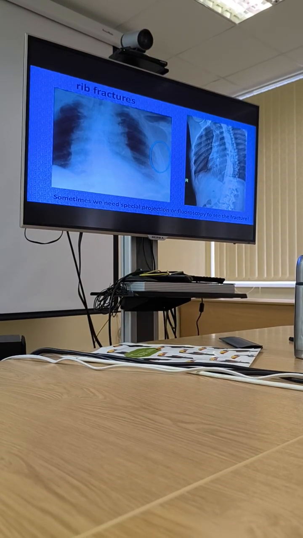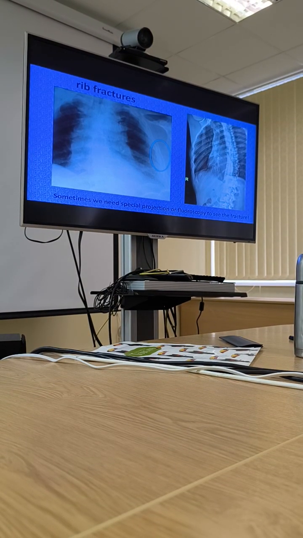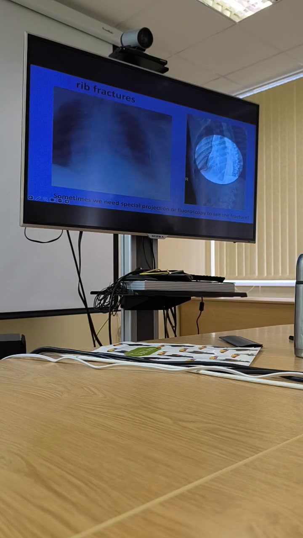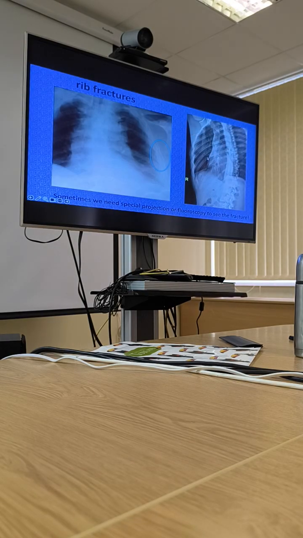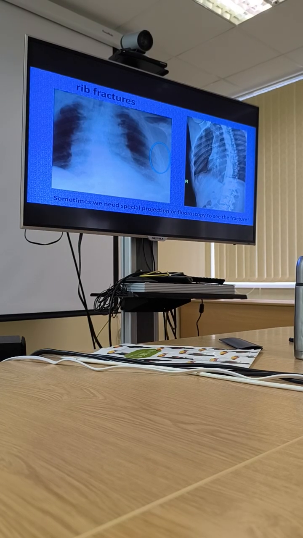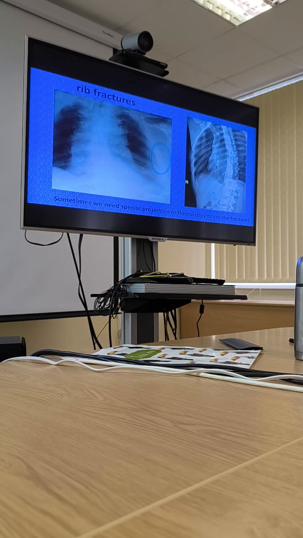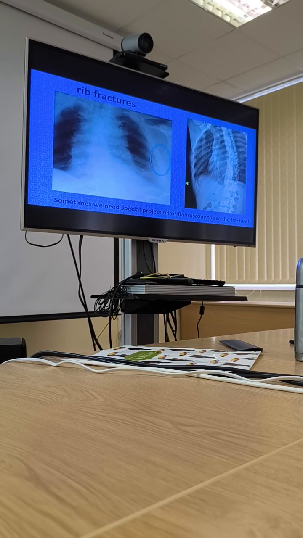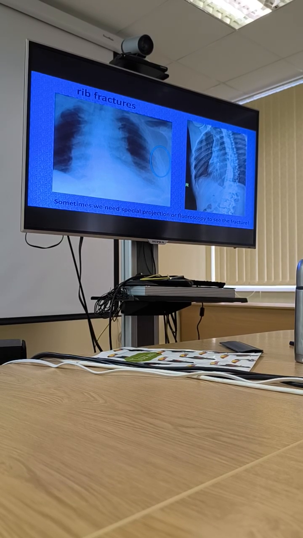We need to do fluoroscopy and turn the patient, and then we can see the fractures in a clear manner, because we change the projection. It's the same patient, and we can see these fractures clearly there, because of this complicated, curved shape.